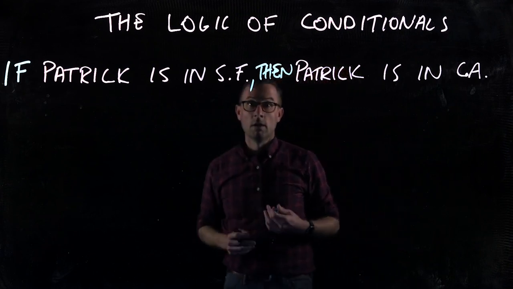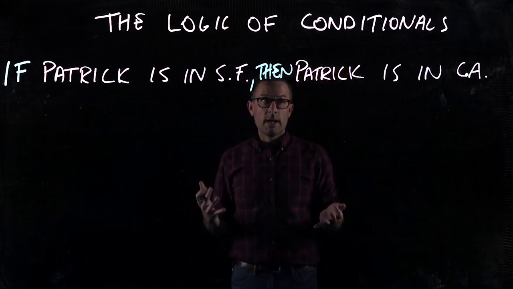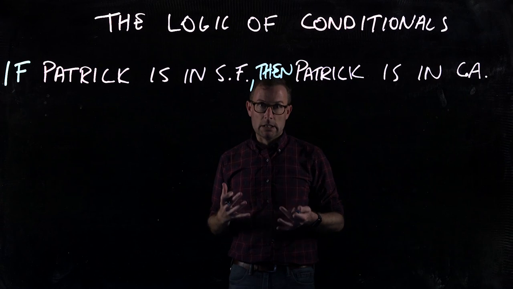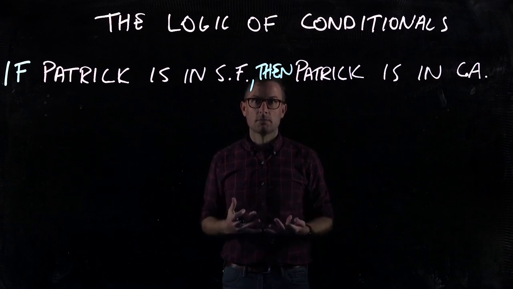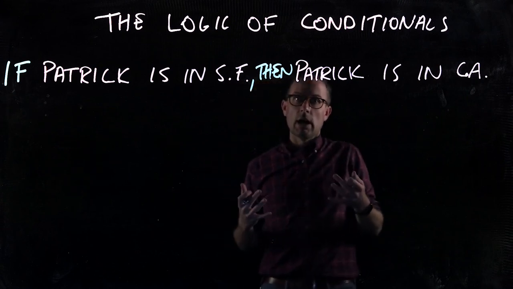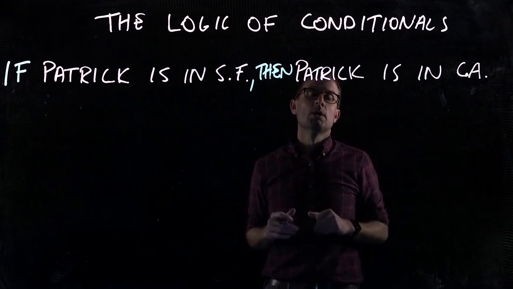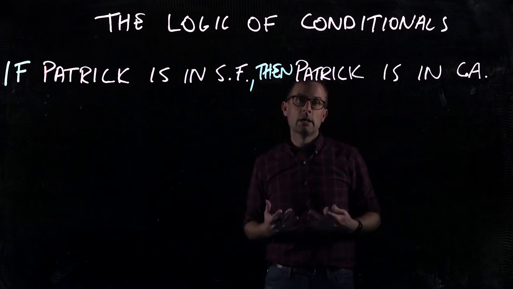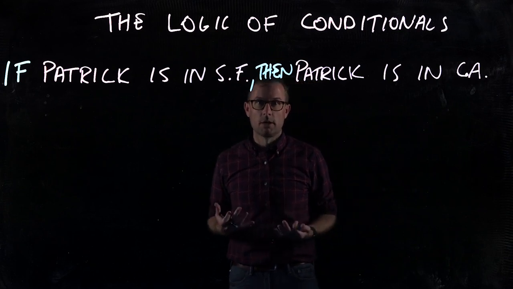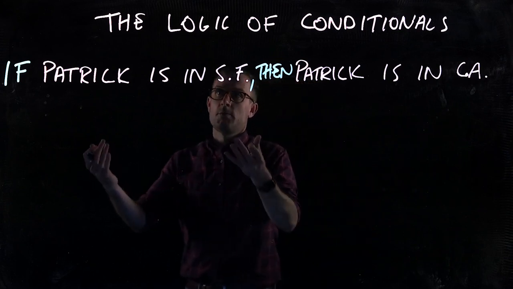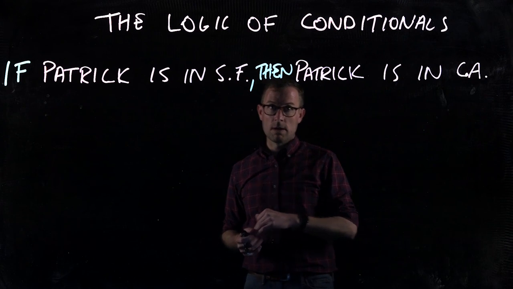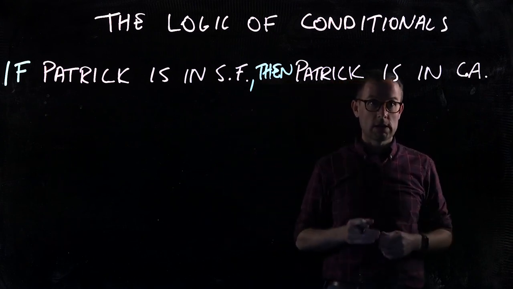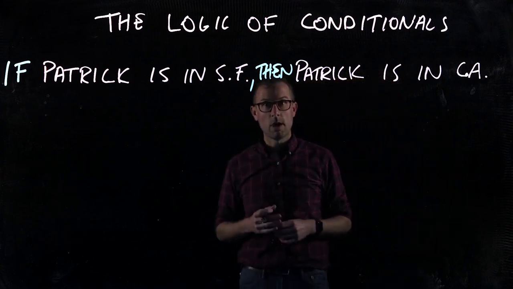Straight off, we now see how this is expressing a conditional. We've turned these two simple propositions into one complex proposition that has this hypothetical character. If Patrick is in San Francisco, then we know that Patrick is in California as well.